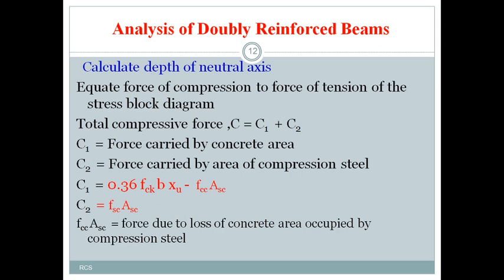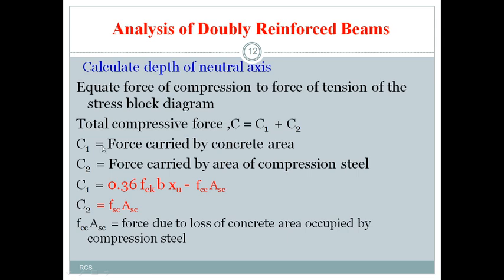For calculating the depth of neutral axis, we should know the total compressive force and the total tensile force. Finally, if we equate these two forces, we will get XU. So let me calculate the total compressive force, or the analysis of compressive forces. That is C equals C1 plus C2.